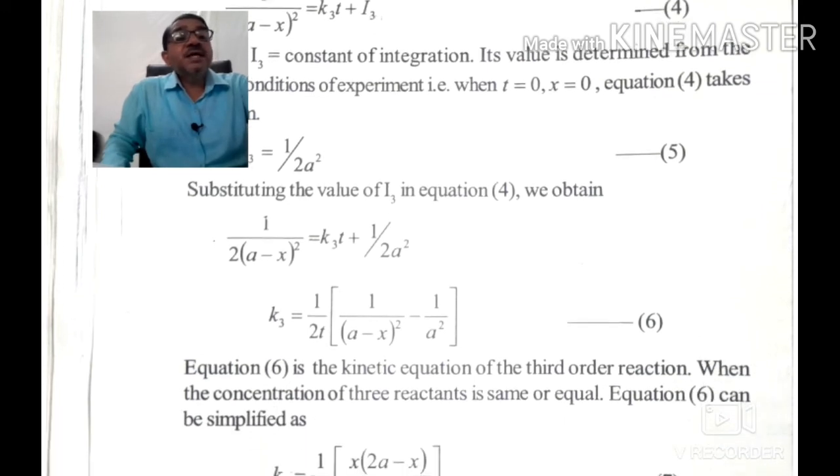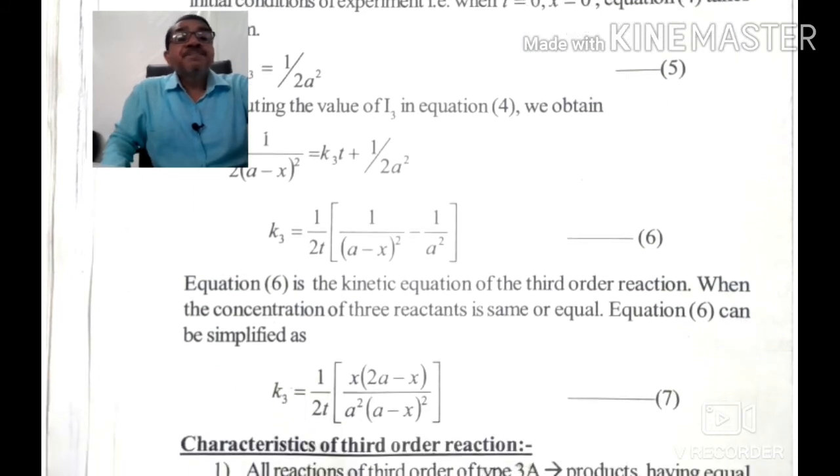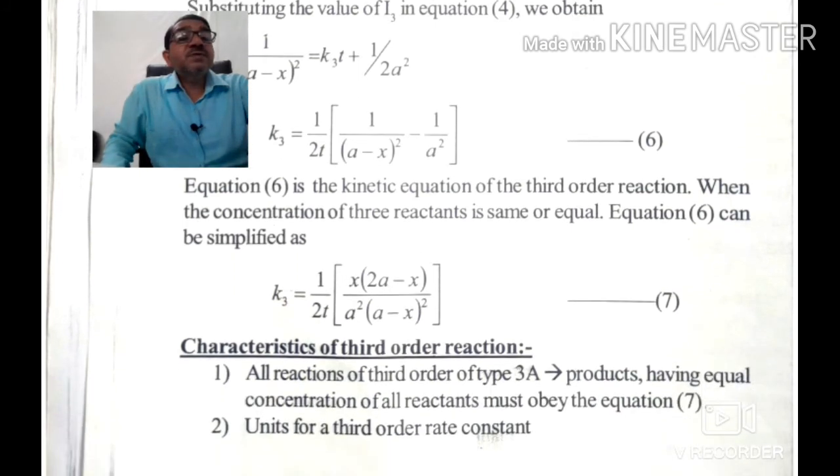We label this as equation number 6. Equation 6 is the kinetic equation of the third order reaction. When the concentration of the three reactants is equal, equation 6 can be simplified as k3 is equal to 1 upon 2t in bracket x into (2a minus x) upon a square into (a minus x) square. This is equation number 7.